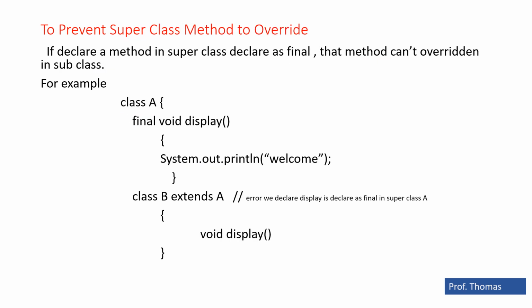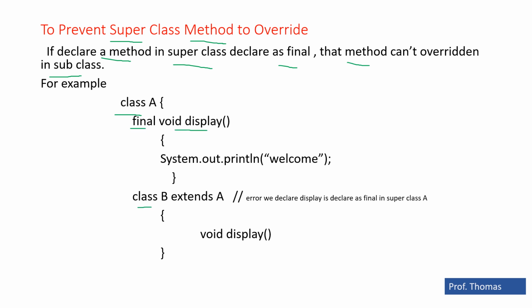Another use is that the final keyword prevents a superclass method from being overridden. If you declare a method in a superclass as final, that method cannot be overridden in a subclass. For example, class A contains a method void display that is declared as final.